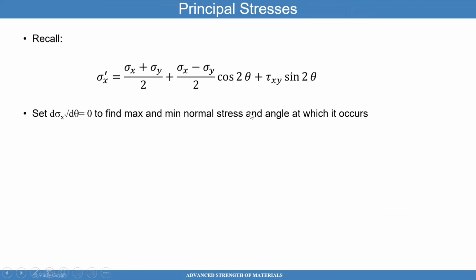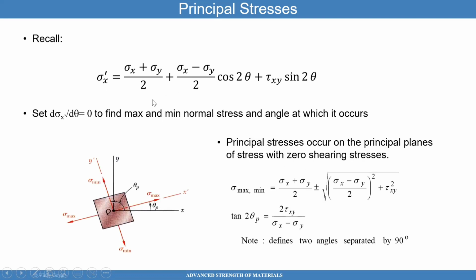But for now, let's say I want to find the maximum and minimum normal stress and at what angle it occurs. You can go back to calculus and find the partial of sigma x with respect to theta to figure that out. And when you do, you can solve for the max and minimum, and you get this equation here. This equation here actually turns out to be the principal stresses.